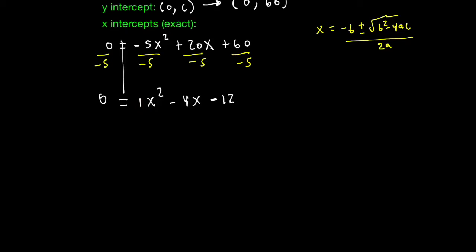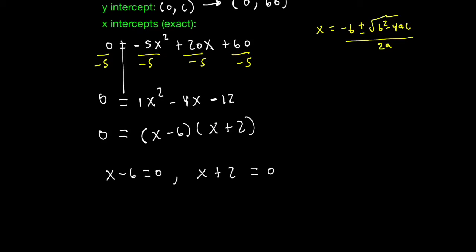And then here I can find the two numbers that multiply to negative 12 but add to negative 4. So I can rewrite this trinomial as x minus 6 multiplied by x plus 2. That's equal to 0. Using the zero product property, I can set each factor equal to 0. So I get x minus 6 equal to 0 and x plus 2 equal to 0.